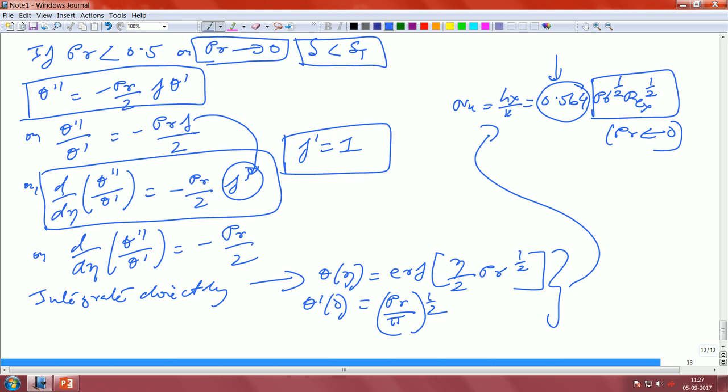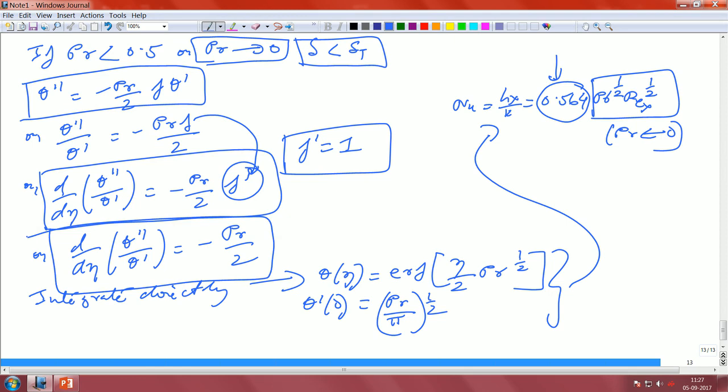Now we know that f prime is equal to 1 because for all practical purposes we are outside the velocity boundary layer, because the velocity boundary layer is very thin. In other words, you can integrate this expression directly, because previously we had f, so there was a requirement that you needed to know what f is. Here you can integrate directly.